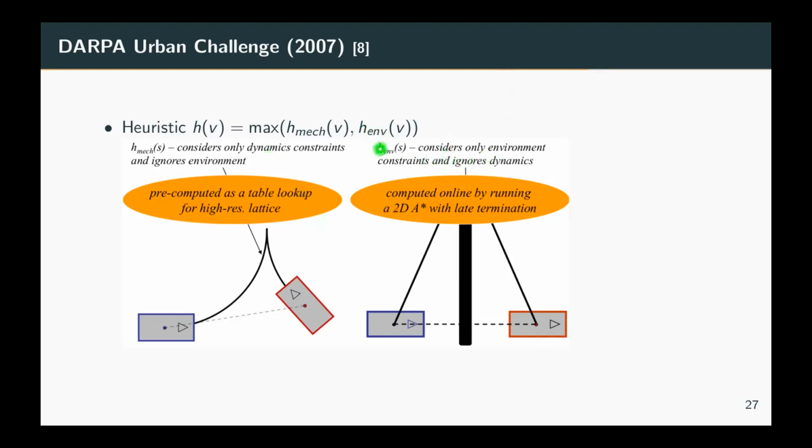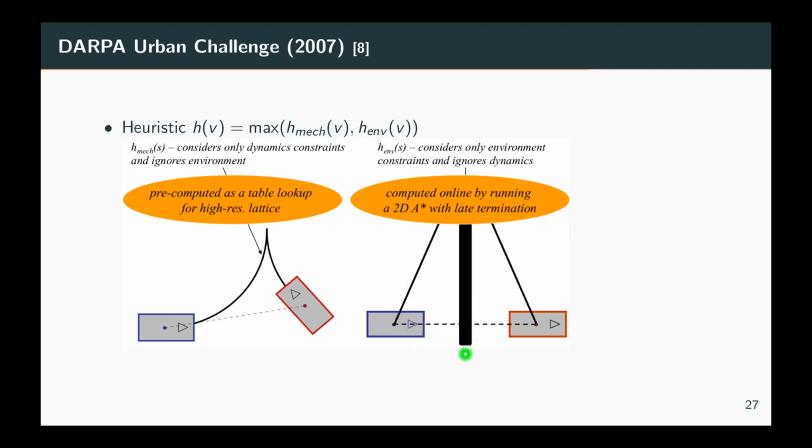And then they also have a second heuristic that is just based on the geometry. And for that, they basically ignore the dynamics of the car. They just put in a little grid and they run on the grid, like for a robot that moves in the grid, a regular A star, which is another heuristic that can compute the shortest path.